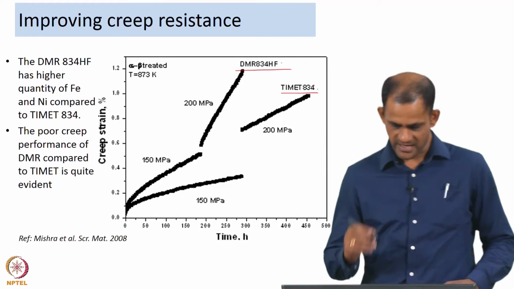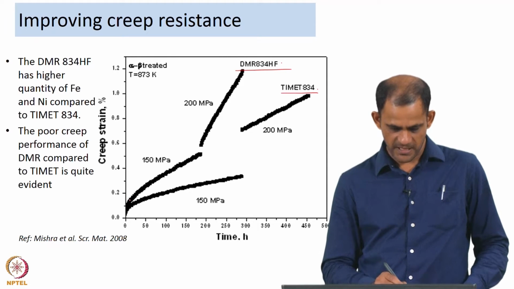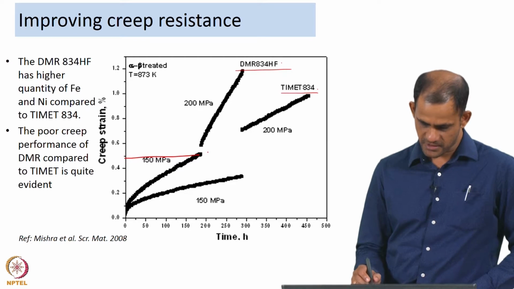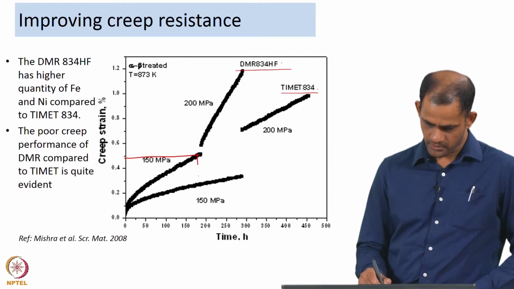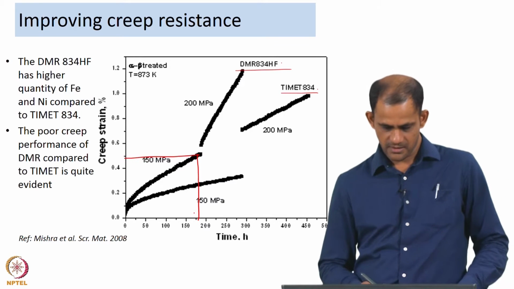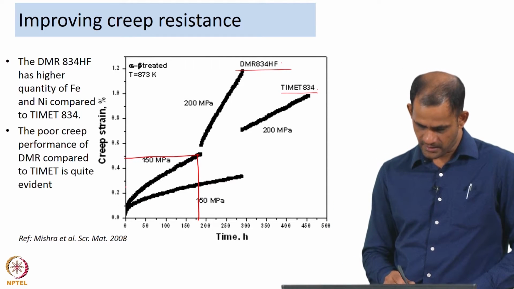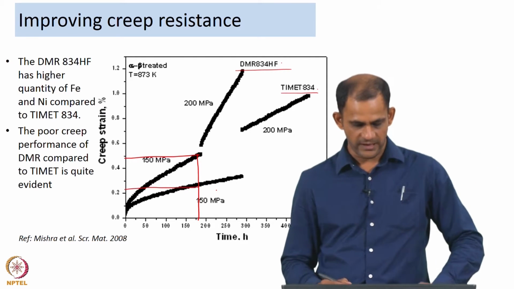So, clearly, for the same applied stress, the DMR alloy is giving you around 0.5% creep strain in a time of around 175 hours, whereas the Timetal alloy is exhibiting around 0.25 creep strain.